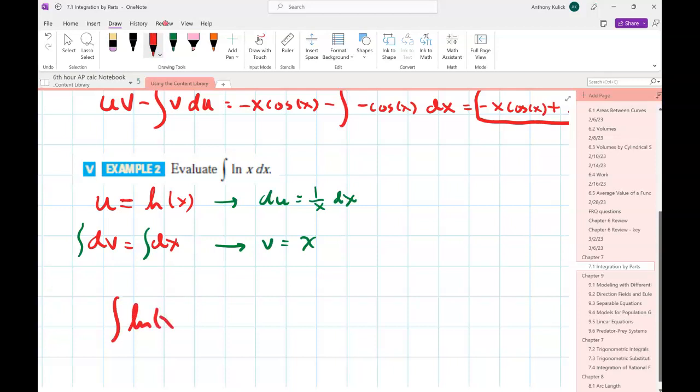So my integral of natural log x dx is going to be u times v minus the integral of, what was it again? Good, x, so v, and then du.